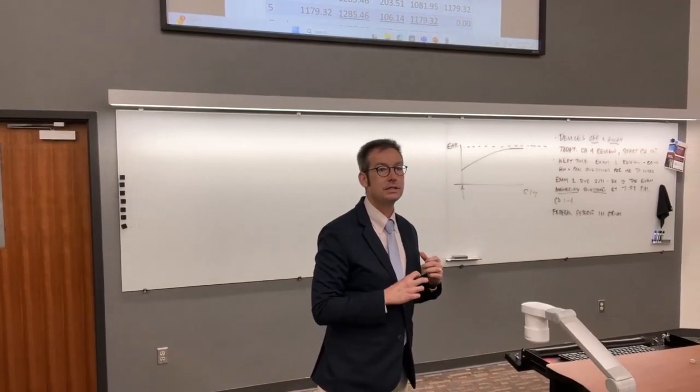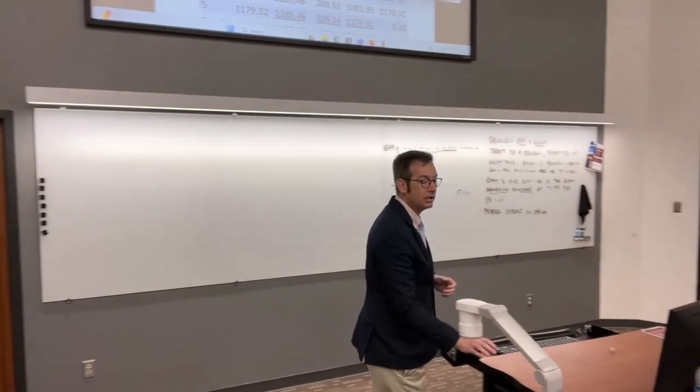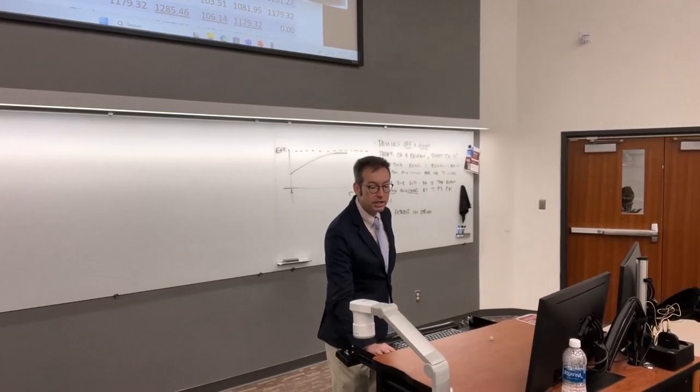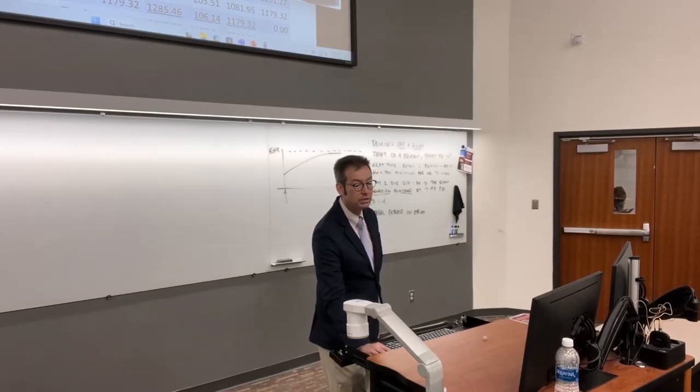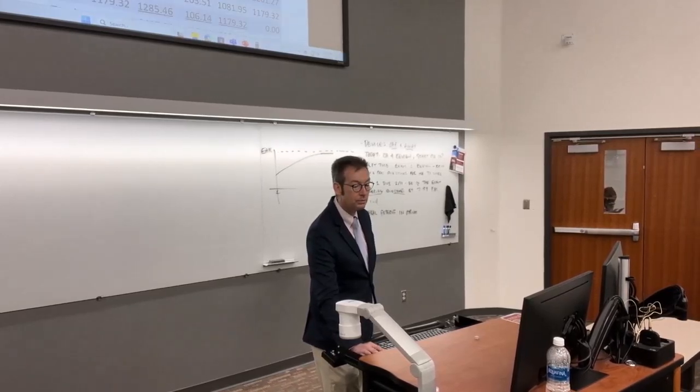Right? Does that make sense? And so all we would have to do here is take 1285.46 multiplied by 5, minus 5,000. Tells me that I spent $1,427.31 in interest.